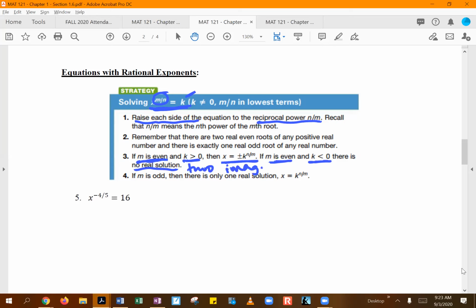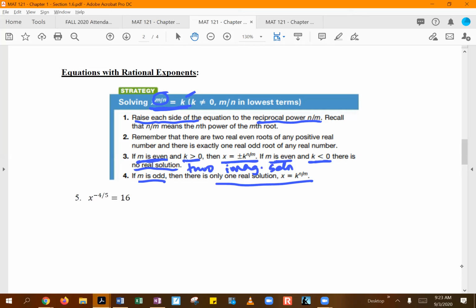Just because it's not a real number doesn't mean you don't have a solution. They're just going to be part of the imaginary numbers. Now, if m is an odd number, then it really doesn't matter if your k is positive or negative. You will only have 1 real solution if m is an odd number.